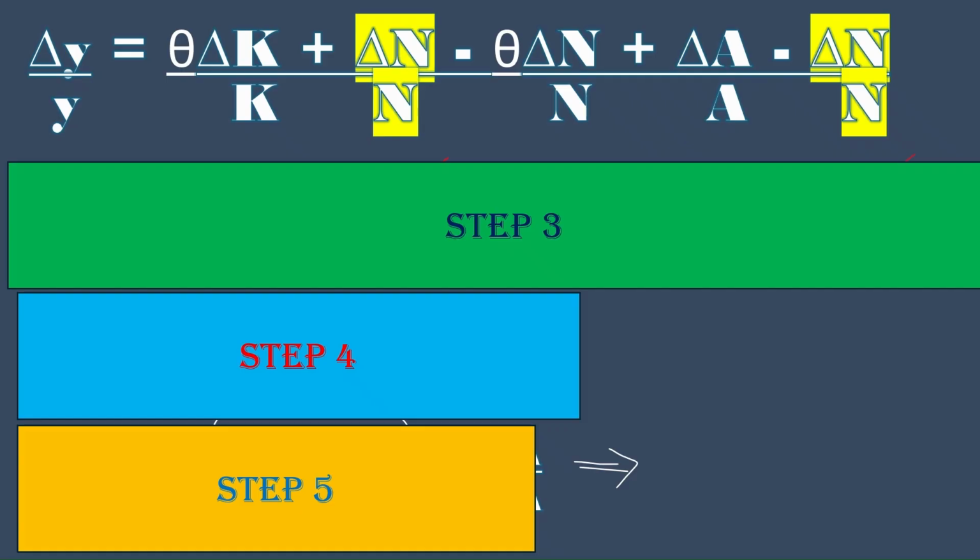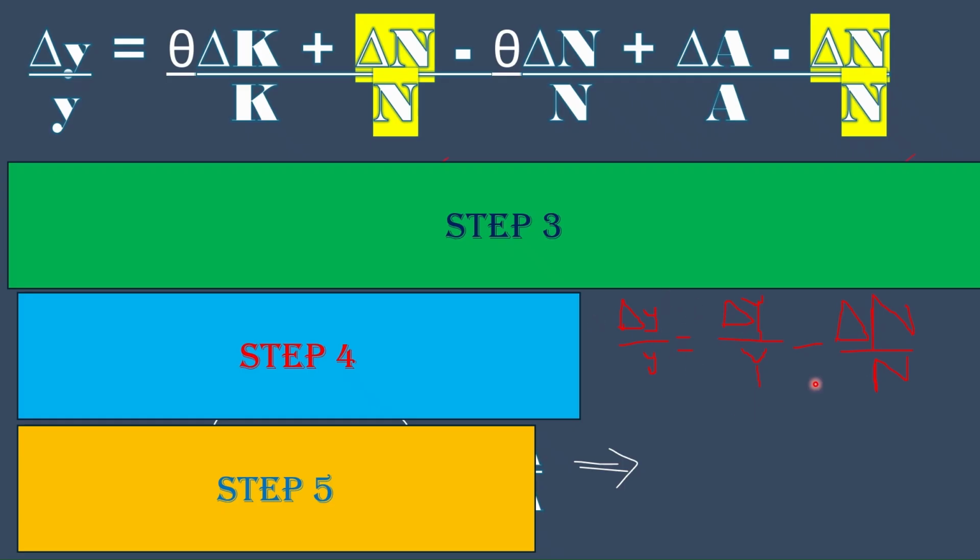Well, if you remember the change in lowercase y is equal to the change in capital Y minus the change in capital N divided by N. We got this formula from our growth accounting per capita equation.